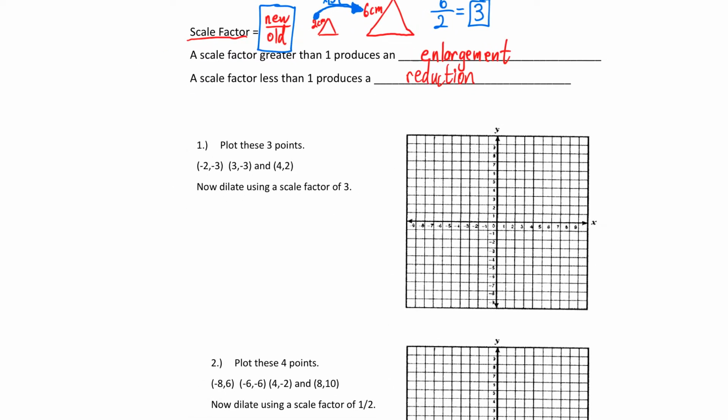Okay, so what I want you to do is plot those 3 points right there. Number 1, go ahead and plot these 3 points, and then use that ruler that you grabbed to make sure you draw straight lines. So plot those 3 points and connect them.